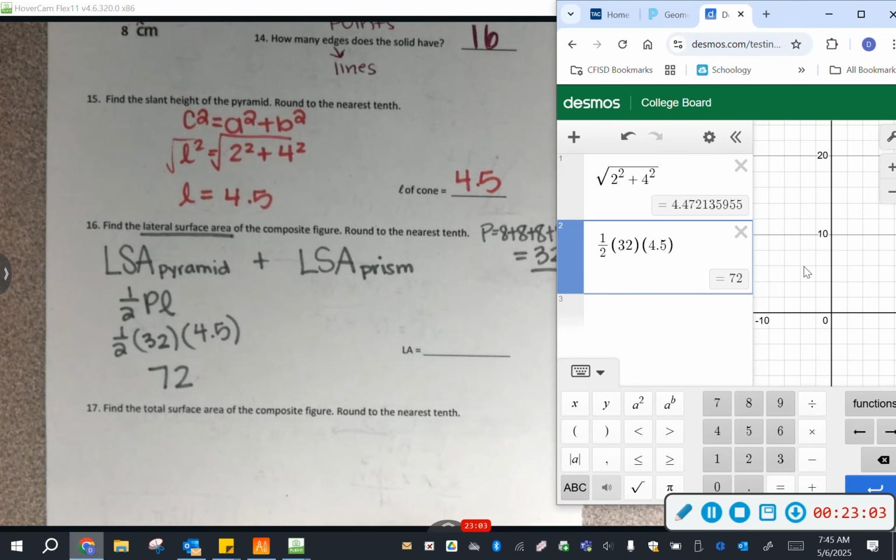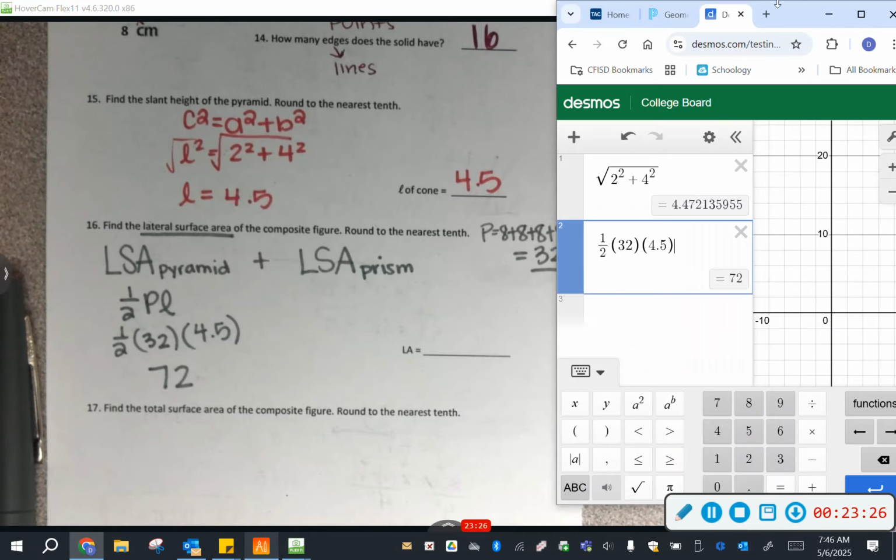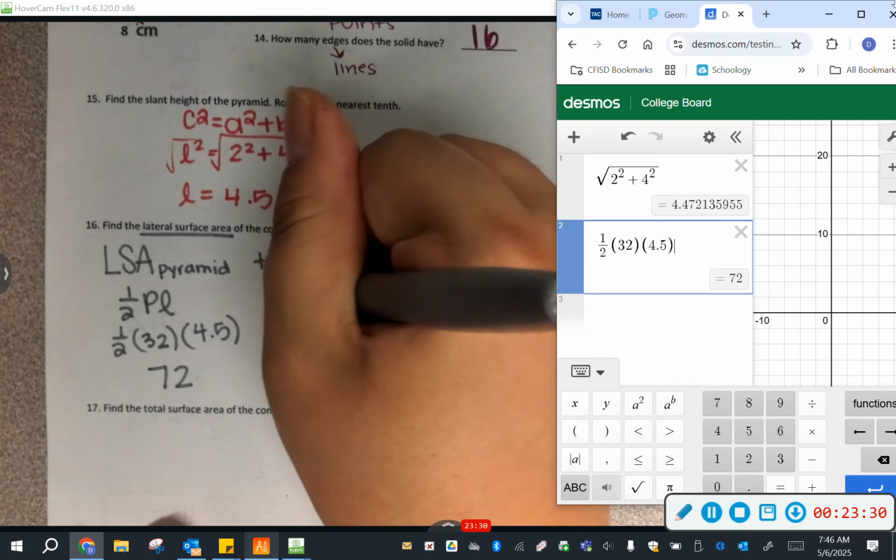Write this down, please. What about the lateral surface area of a prism? What is your formula for that? For a prism it's just PH. Well, didn't we already find P?